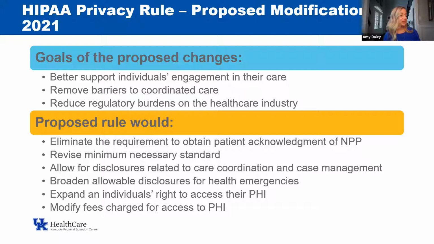And then also, upon request, provide individualized estimates of fees for requests for copies of PHI. So that's really, in a nutshell, a tiny, tiny nutshell of what the proposed rule would do for HIPAA privacy. But these are some major changes.